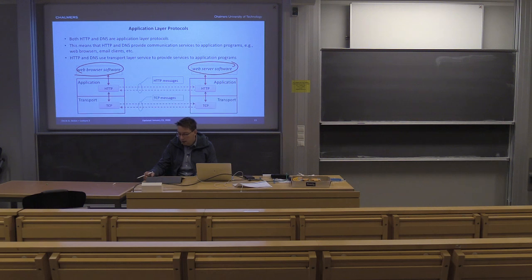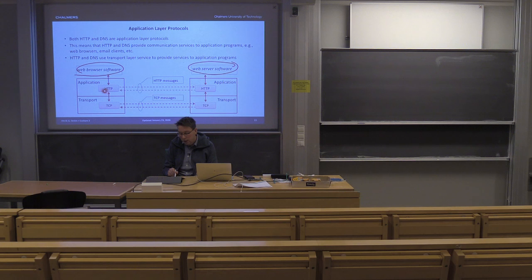How is this done then? These messages that go across like this are called virtual communication. It's virtual communication when it's horizontal like this, because this is logically how messages flow in the system. But physically, these messages are transmitted using the service below the application layer, which is the transport layer.